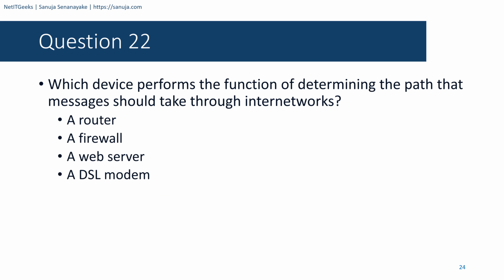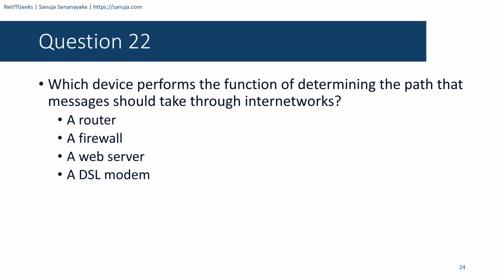Question number 22. Which device performs the function of determining the path that messages should take through internetworks? This question is kind of weird, the last word, internetworks. What it is basically asking is which device determines the path along which the packet should be routed across the network.